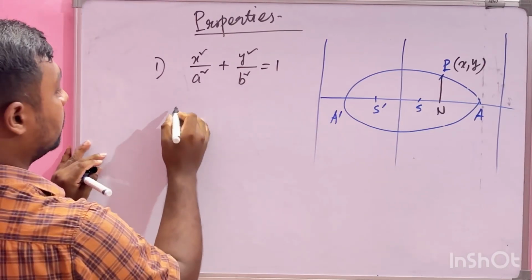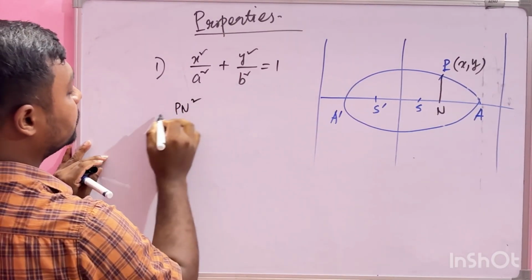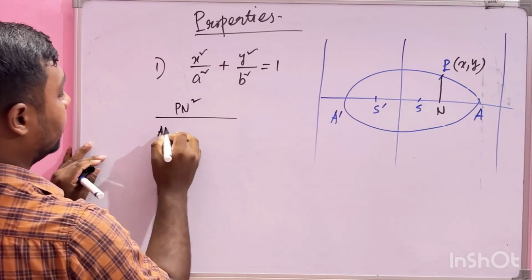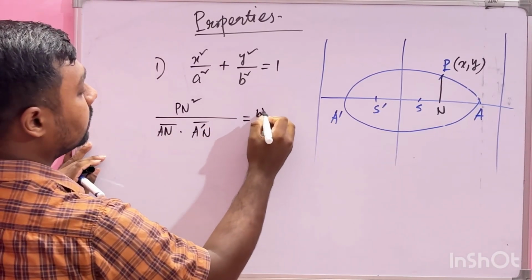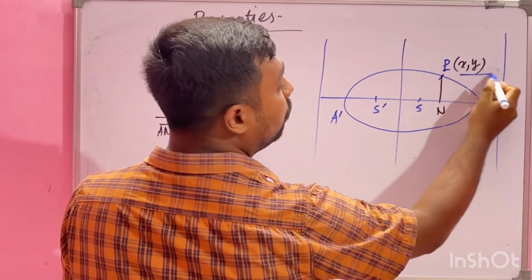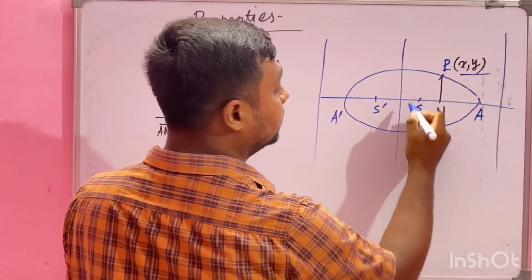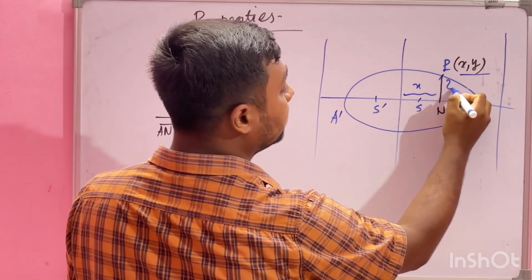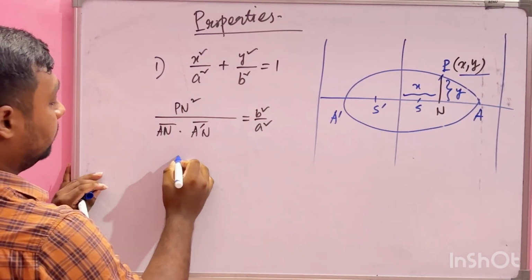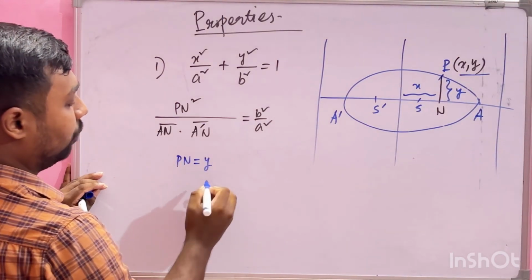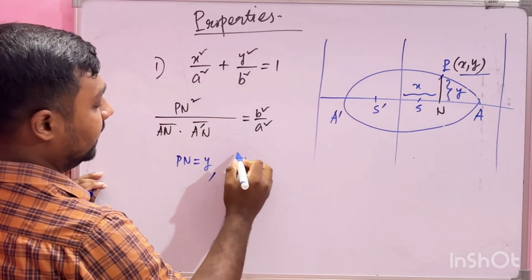Then PN square divided by AN into A dash N equal to b square by a square. If the coordinate of P is (x, y), that means this is x and this is y. Now PN equal to y. Now let's find AN.